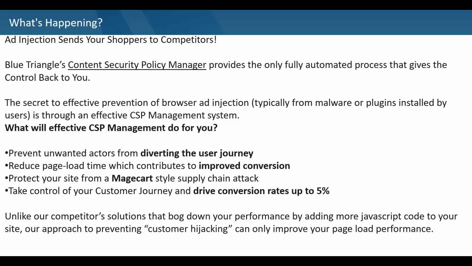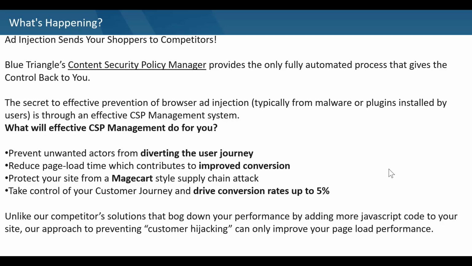Some of our competitors are going to try to do this prevention of customer hijacking by adding JavaScript code and other things like that, and that can actually slow your site down and ultimately reduce conversion rate. Now, our approach is only going to improve your page load experience. A content security policy is simply going to block certain resources from loading on the page.